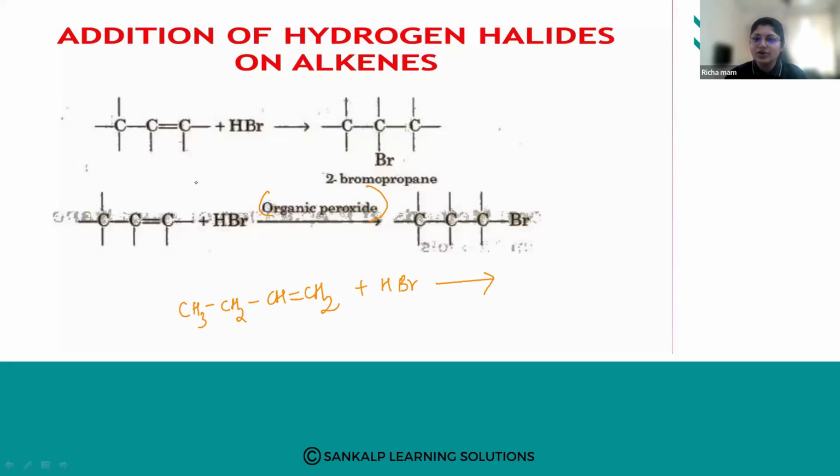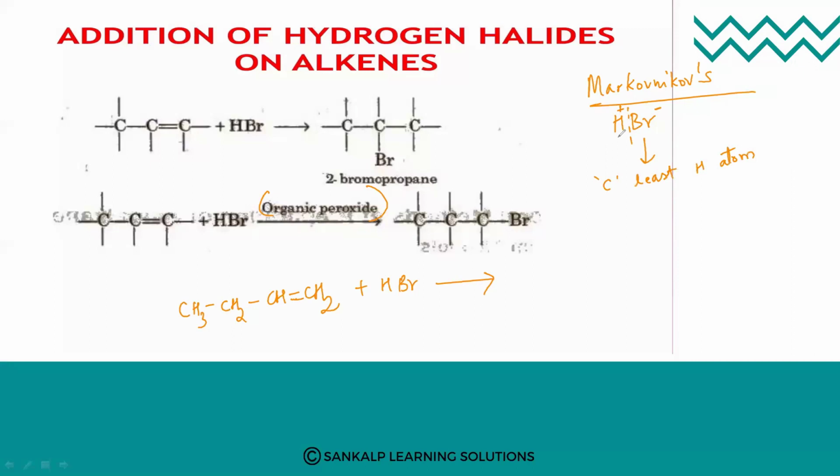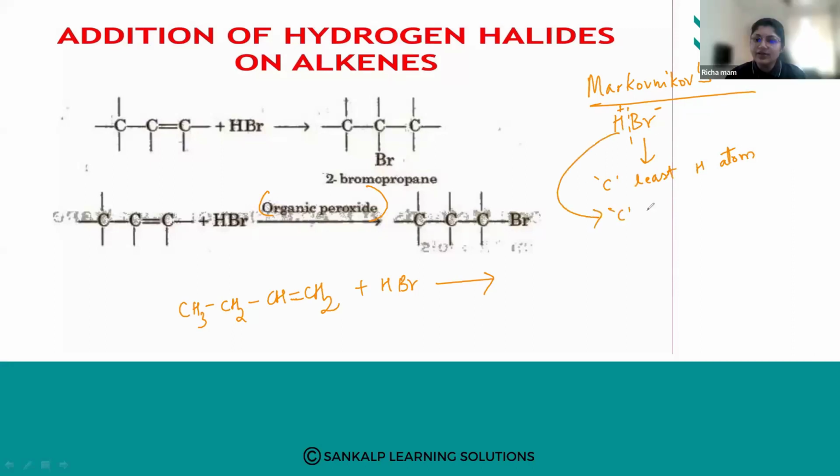Now, what is Markovnikov rule? If you have a hydrogen halide, this is the negative part and this is the positive part, the hydrogen. The negative part will be added to the carbon across the double bond which has the least hydrogen atoms, and the positive part will be added to the carbon with more hydrogen atoms.